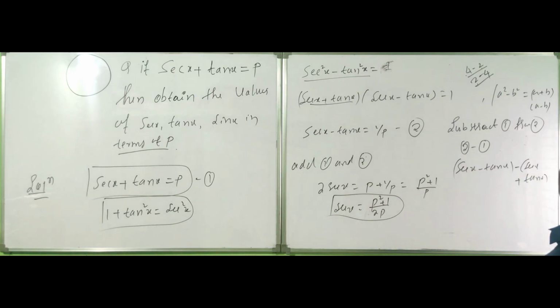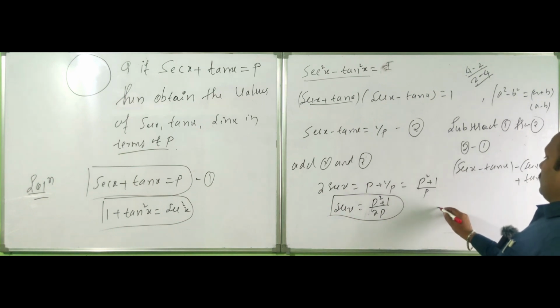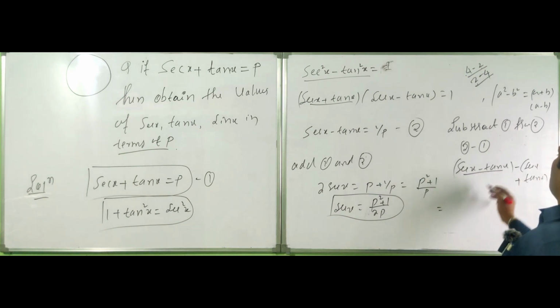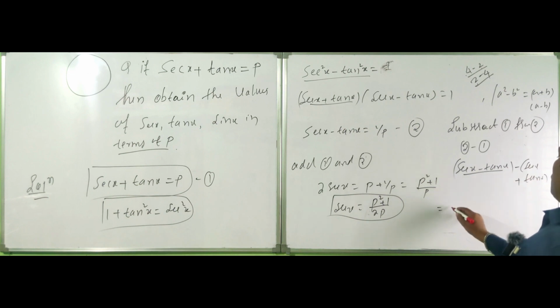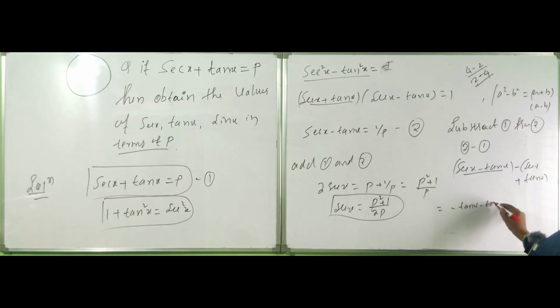The sec x cancels, minus tan x is equal to corresponding 2 minus 1: 1 by p minus p.